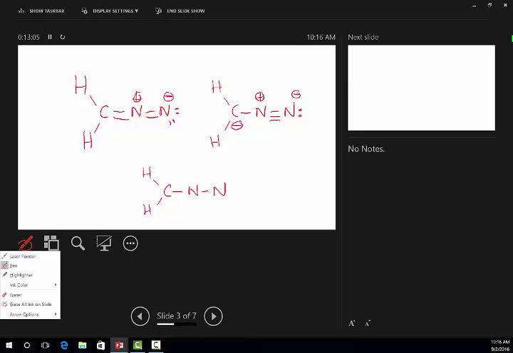Forget about that one. Okay. So that's a second resonance structure for the neutral CH2N2. Right? The N on the end has a 0 formal charge in that structure. So there's a second resonance structure.